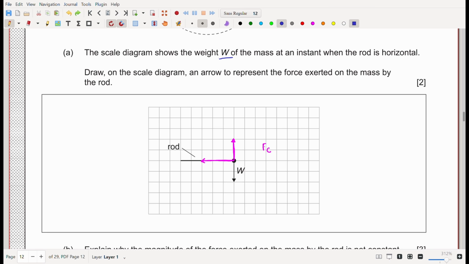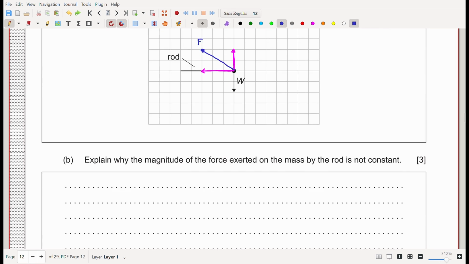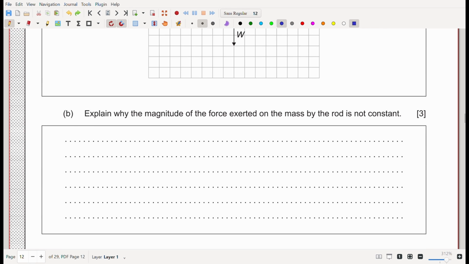So now let's draw our vector. Starting here and going down here, we have our final arrow, that's going to be like this, F. And that's it. In your exam, I would suggest erasing these so that the examiner doesn't get confused and can clearly mark you. But for this, I will leave them on. Moving on to the next part.